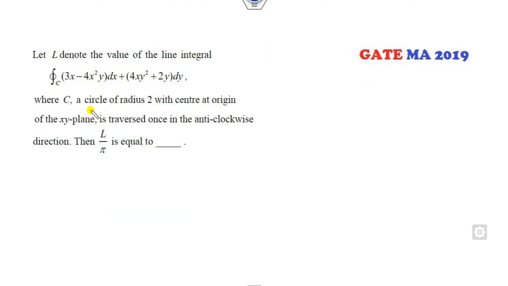Look at this next one. Again this is a line integral and it's in the xy plane. We can apply the Green theorem. C is a circle of radius 2, center at the origin. Fine, this is given to you. In the xy plane, it is traversed only in the anti-clockwise direction.